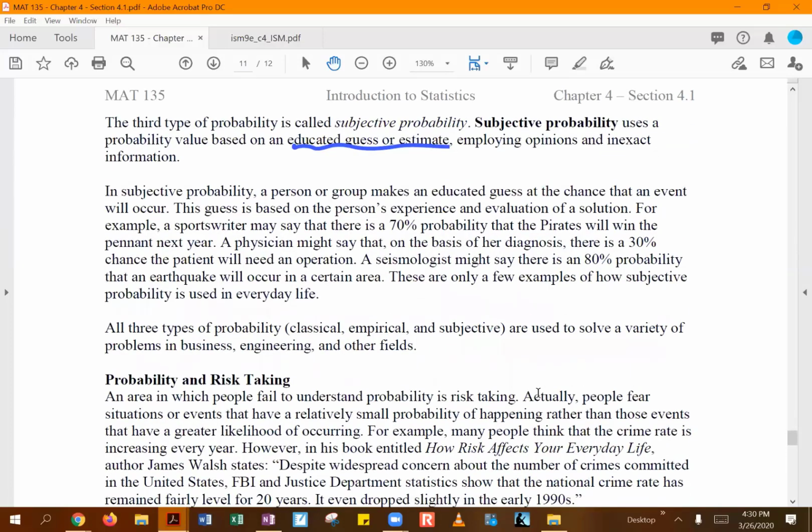And with subjective, it's going to change, because that's how subjective probability works. One seismologist may say there's an 80% chance of an earthquake occurring. Another one might say, you know what, I don't think so, I think there's only a 60% chance. So it's going to be very different based on who is making the educated guess, who's coming up with the estimate, and how they're looking at it.